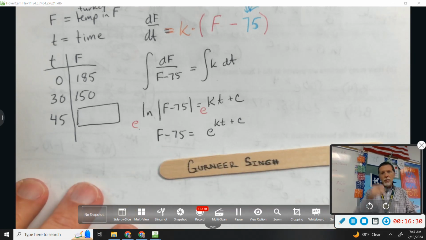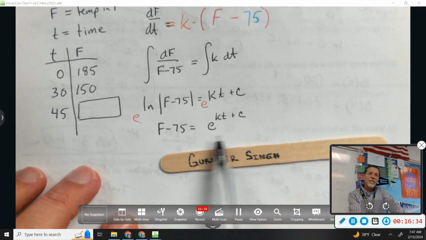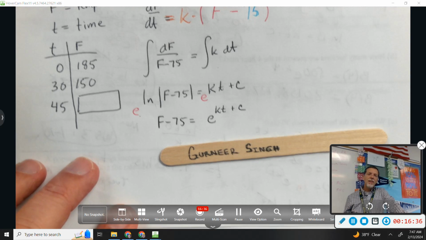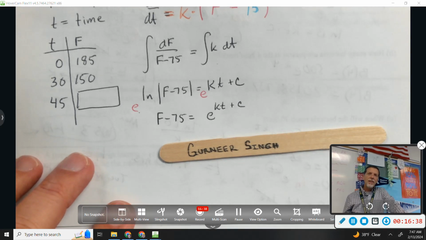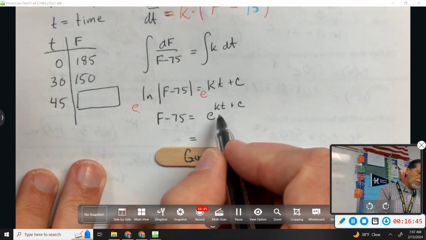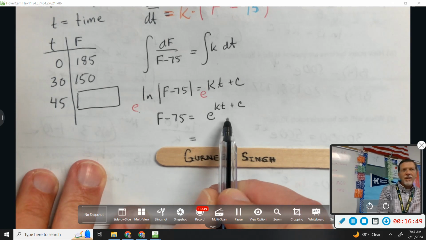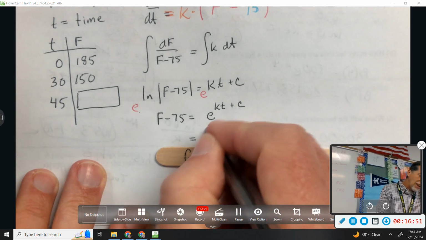Grenier, there's some algebra magic going on the right-hand side here. What can I do with this? I mean, eventually I'm going to plug in 0, and that's going to make things nicer. But before I do that, I can put that C down front.